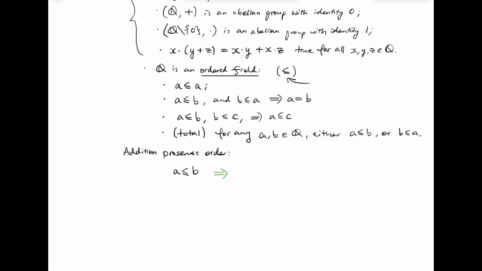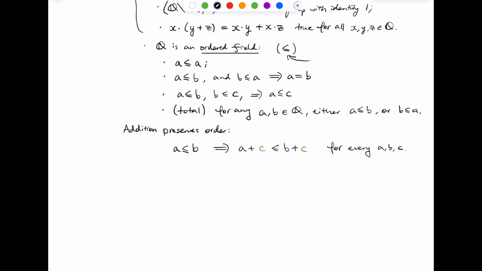This implies that A plus C is less than or equal to B plus C. And this is true for every A, B, and C in this set. So in this sense, if you add C, it preserves the original order you had. So we say that addition preserves order.